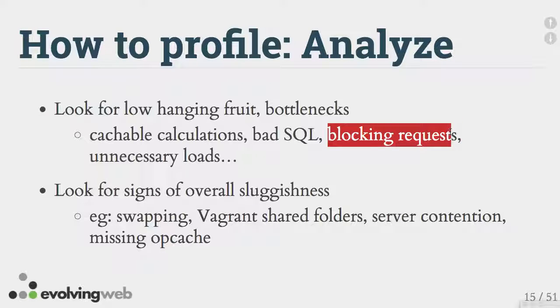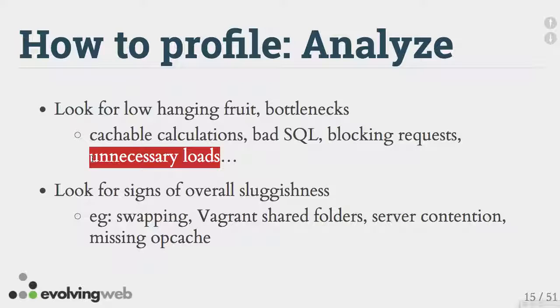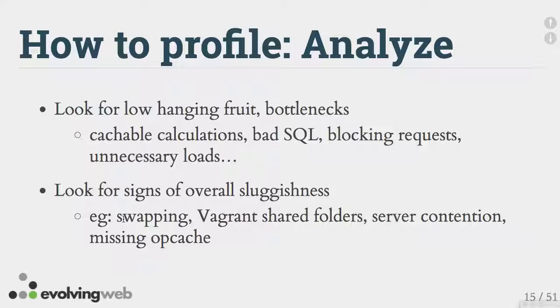If you have a web request to some sort of an API that blocks everything, does it need to? Especially, can we move it to a shutdown hook for reporting? And of course, there could be unnecessary node loads when you don't even need all that information. We also found that sometimes you don't see anything in the call profile, but the site is still clearly slow.